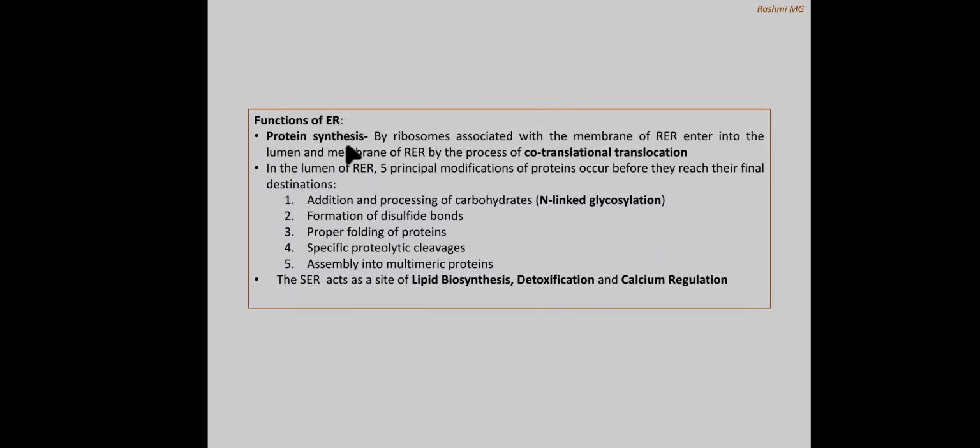The rough ER functions in protein synthesis, where the process is known as co-translational translocation, and there are 5 principal modifications of protein: addition and processing of carbohydrates, N-linked glycosylation, formation of disulfide bonds, proper folding of proteins, specific proteolytic cleavages, and assembly into multimeric proteins. The SER, as already said, helps in lipid biosynthesis, detoxification, and calcium regulation.